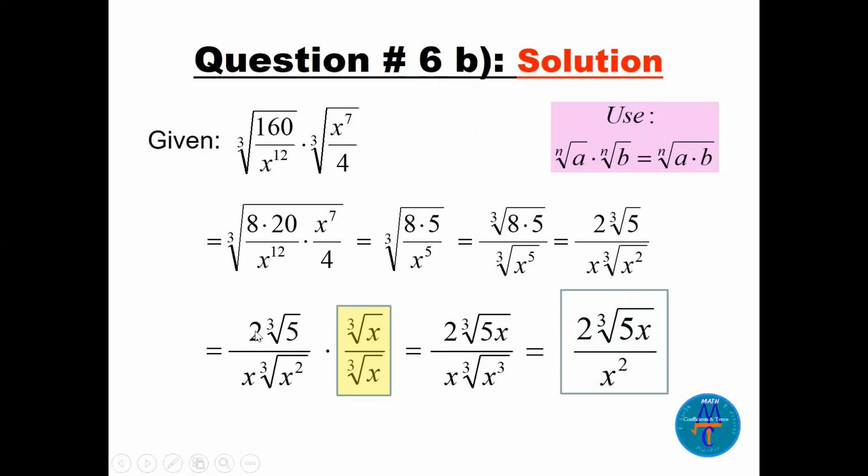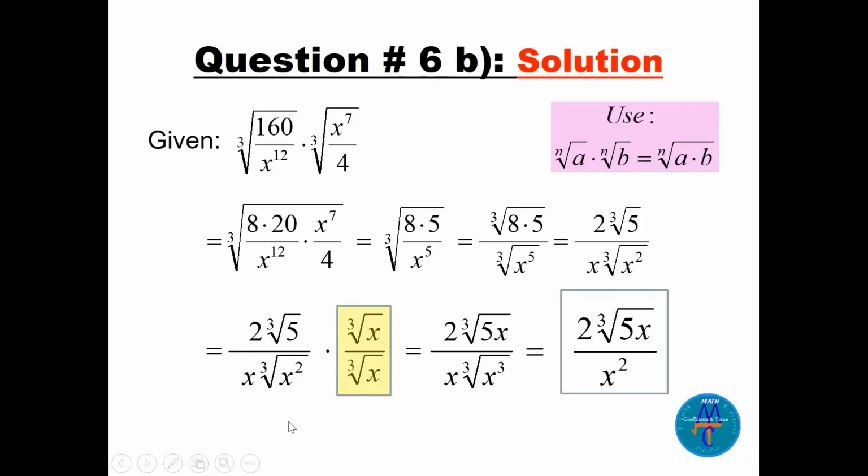So there is 2 out, there is x out, cube root of 5, cube root of x squared. Multiply up and down by the cube root of x, because I need the cube root of x cubed here. Cube root of x cubed is 1x. Multiply by this x becomes x squared. So I have here x squared. I need only 1x up and down. This should be the same number.